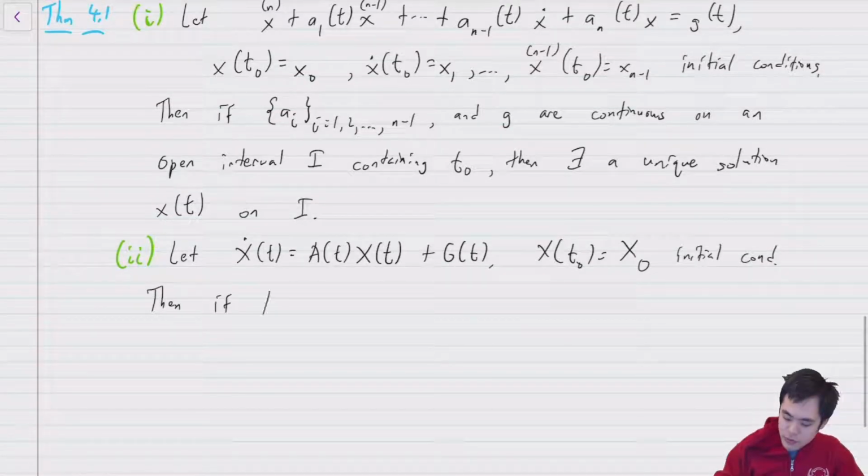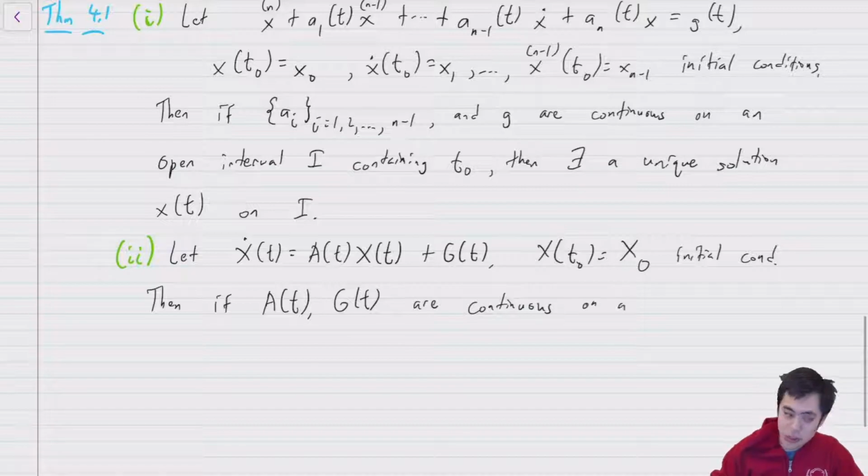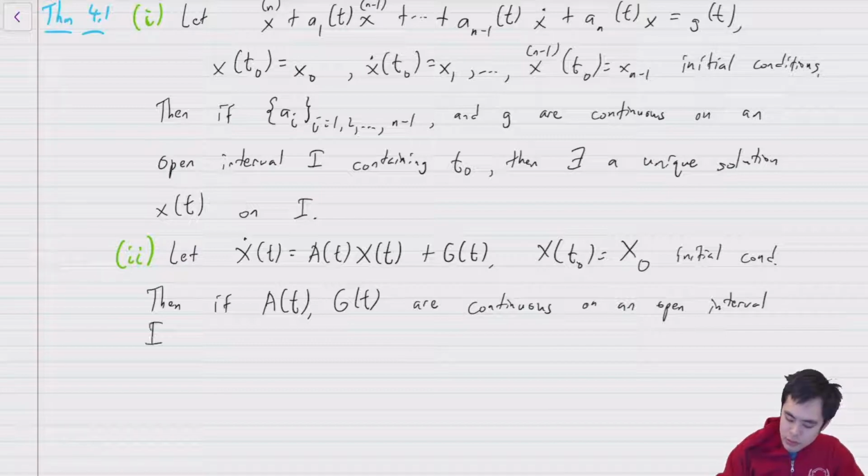When A(t) and g(t) are again continuous on an open interval I containing t0, then there exists a unique solution.